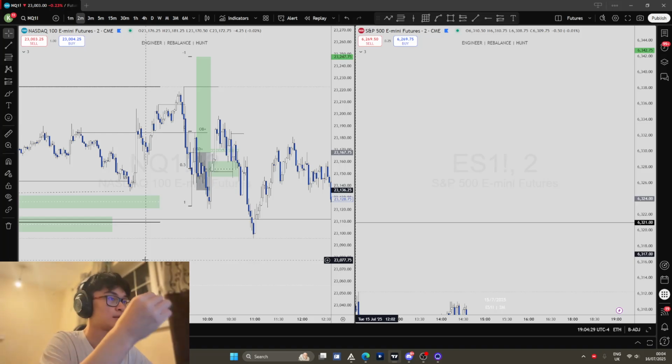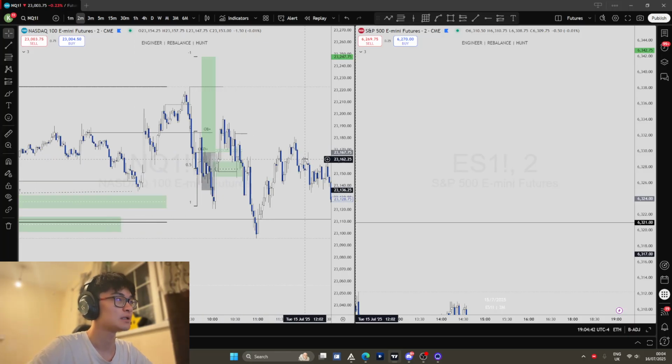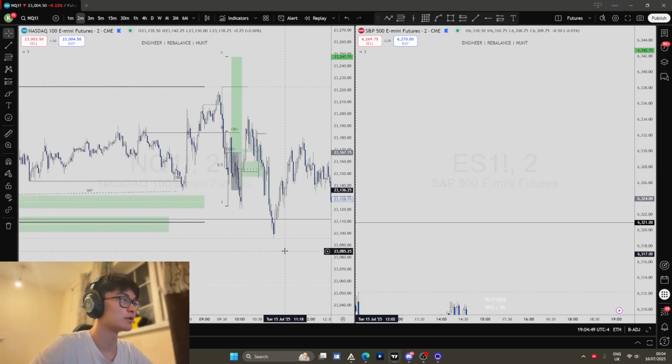It's not that the model was bad. I mean, technically there was a draw on liquidity, but a high time frame one, so maybe that was why. But I can list a few other reasons.